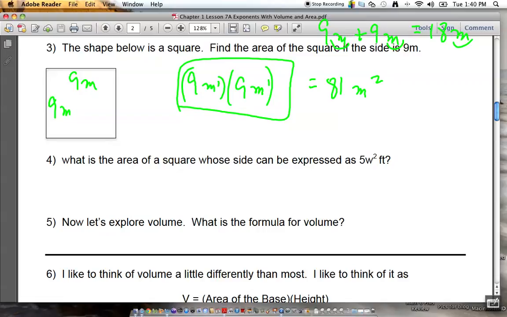Okay. Now, what is the area of a square whose side is 5w squared? Give everybody a chance. If you want to draw a picture, you can, or you could just remember how to find the area of a square. Either way.